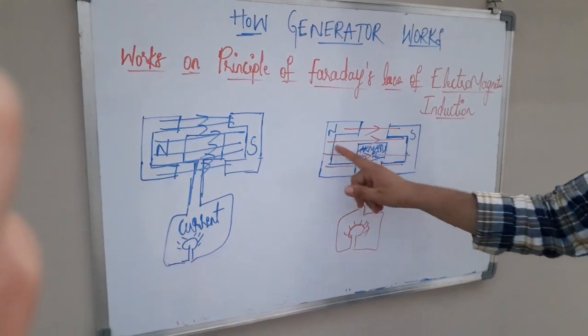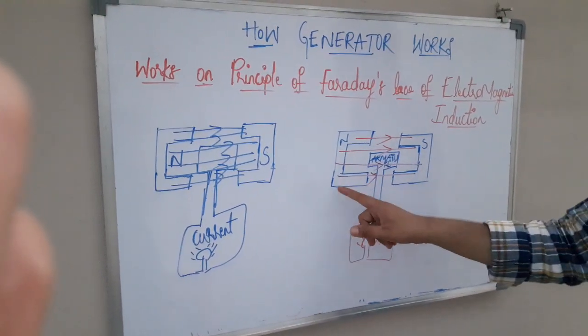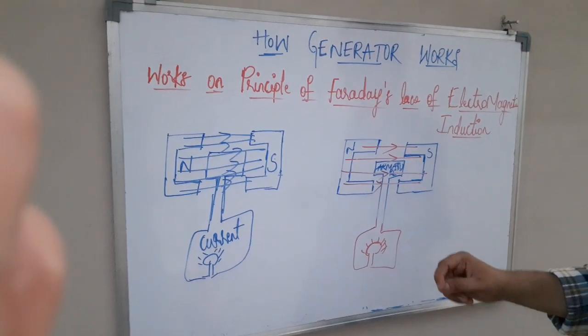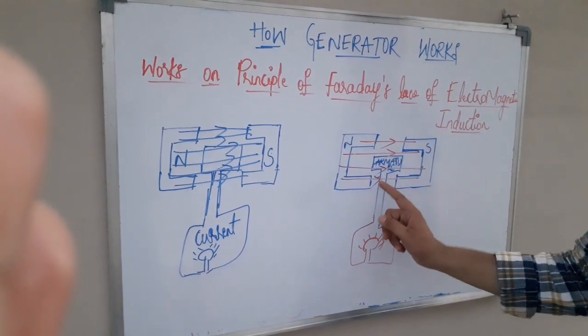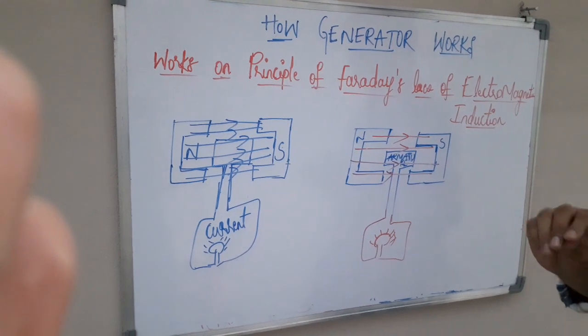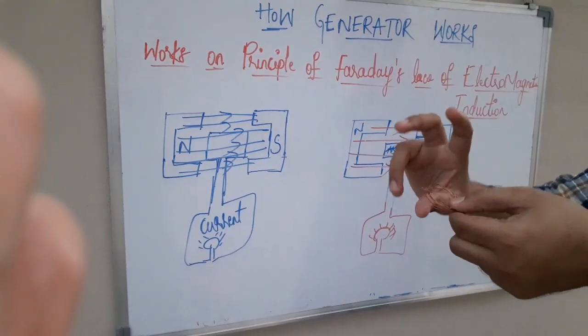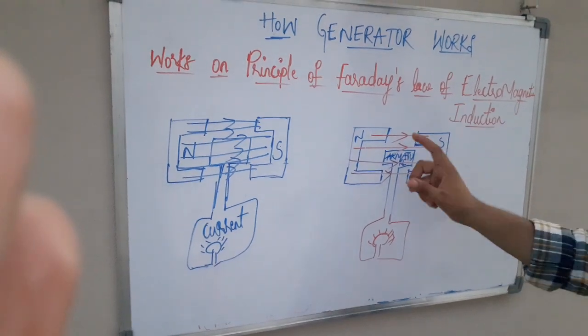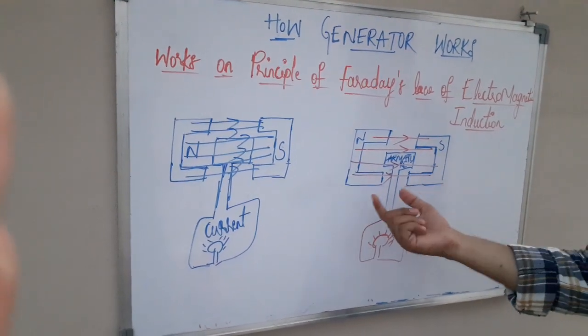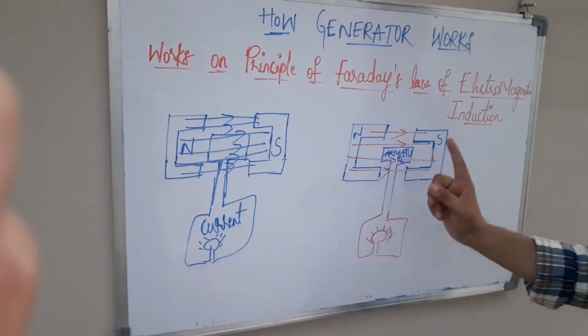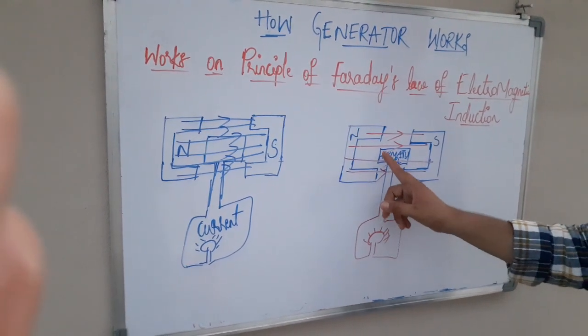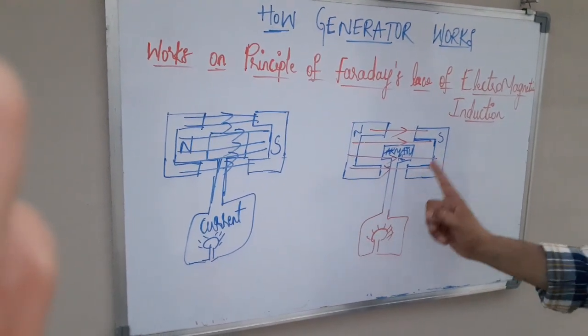From north pole to south pole there will be magnetic lines of force, which is called magnetic flux. An armature is nothing but these copper wires placed on one another, made into a big size one. If you rotate this armature, then it will cut the magnetic flux.